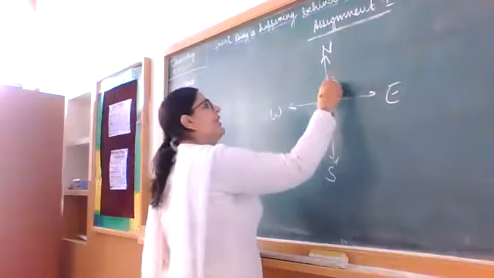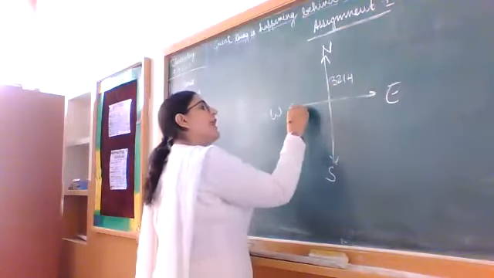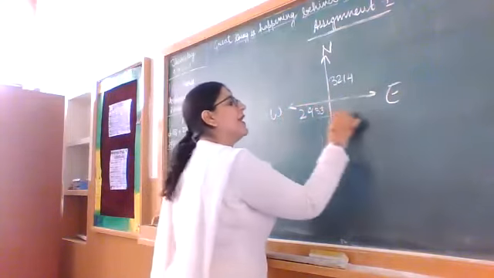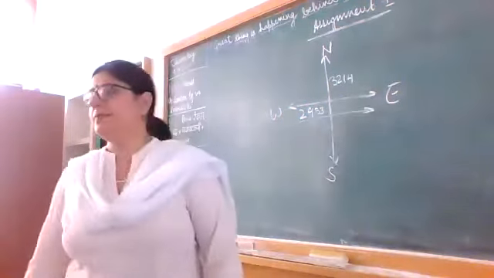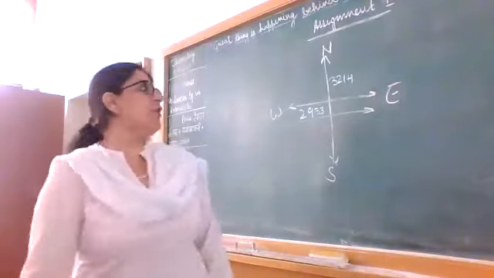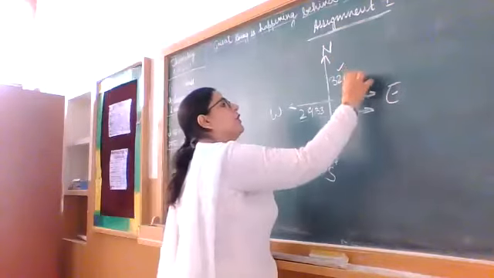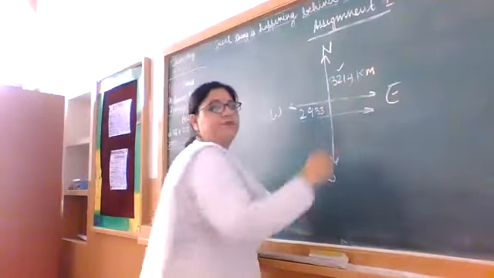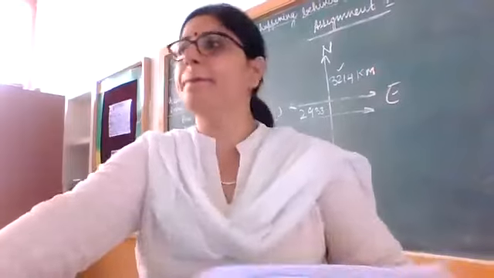That is 3, 2, 1, 4. And here, from here to here. First answer was 3214 kilometers. Is it okay?